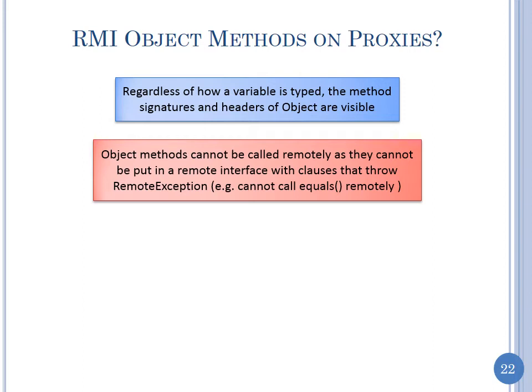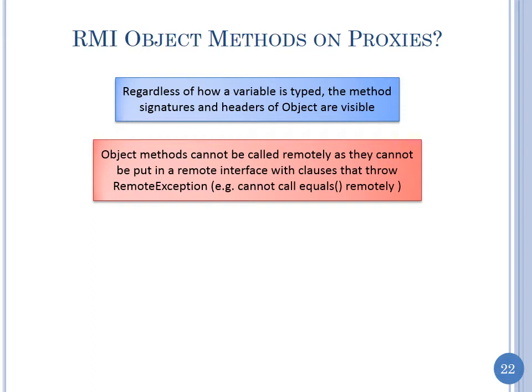So let's try to reconcile these two facts that we have figured out in RMI. Regardless of how a variable is typed, the method signatures and headers of objects are visible. That means the equals method, the toString method, the hashCode method, and the wait method are all visible when we are using a proxy.